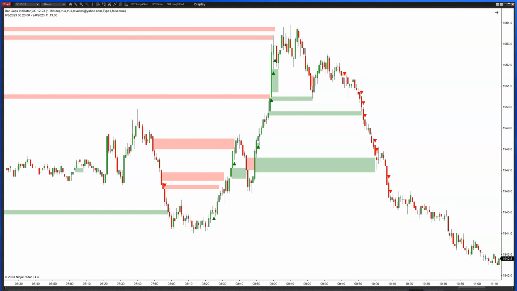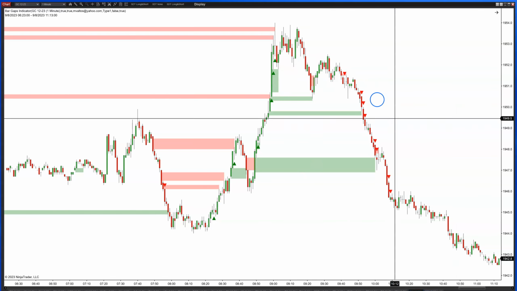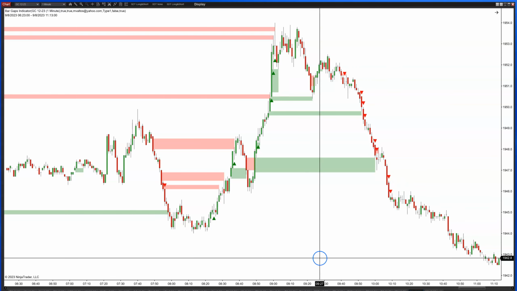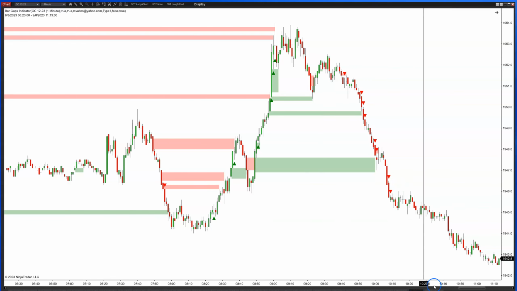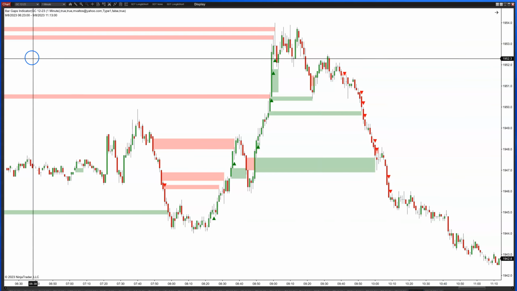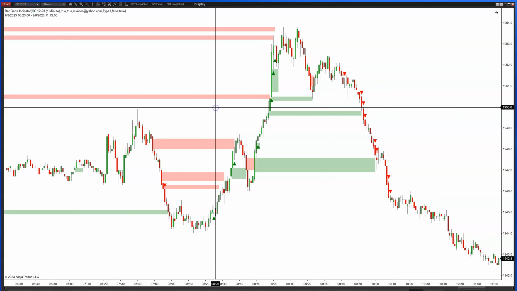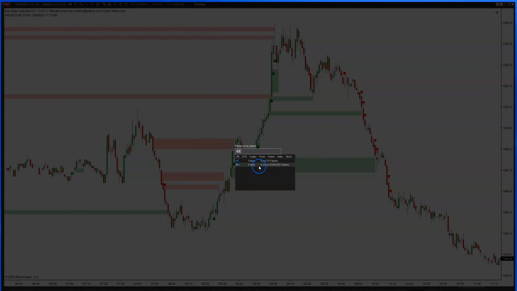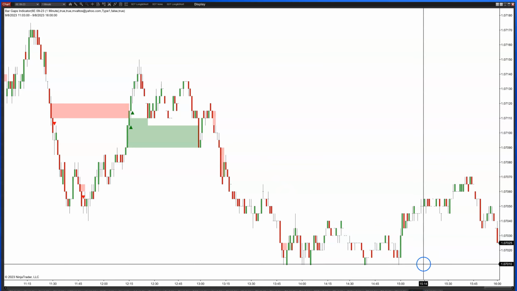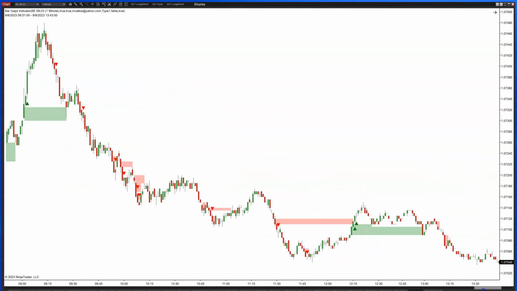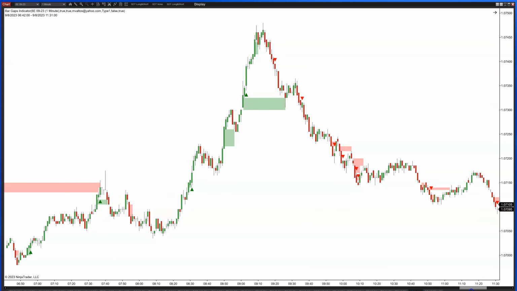Okay, because again, you're not going to just want to take every fair value gap that you see taking place in the market. I mean, you could, all right, but then you're going to have winners and losers. In my opinion, you want to take the best ones, right? I mean, that's what trading is all about. You want to take the higher percentage trades that are coming, right?